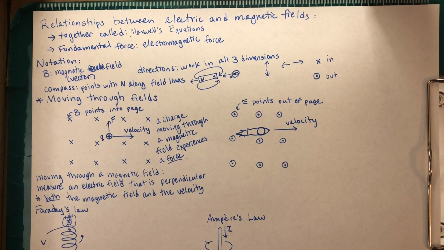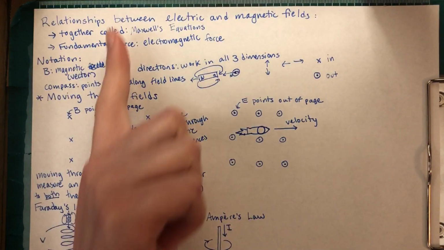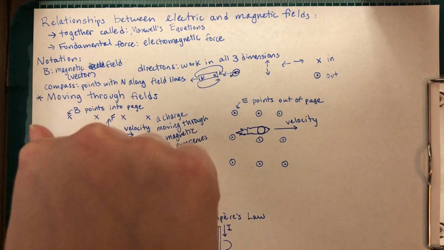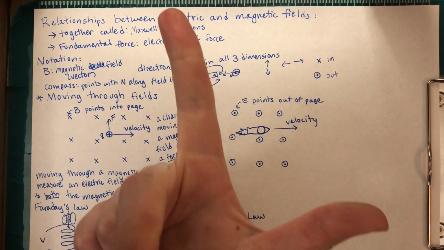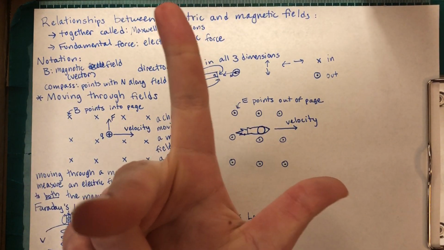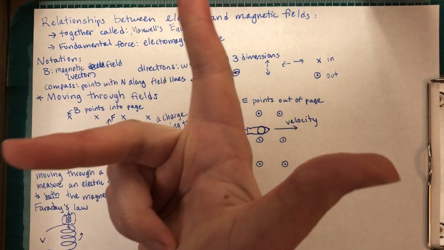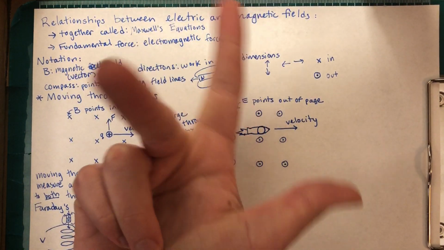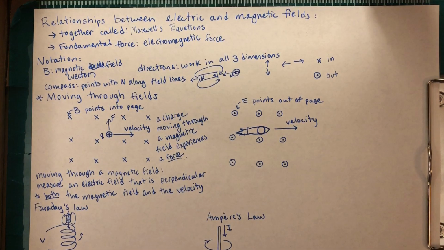The electric field is force per charge. So we get a force that is perpendicular to both the magnetic field and the velocity. So if you take your hand and you make an L shape and you can stick up one other finger, my thumb and my first two fingers are all perpendicular to each other, basically making almost like an XYZ set of axes.